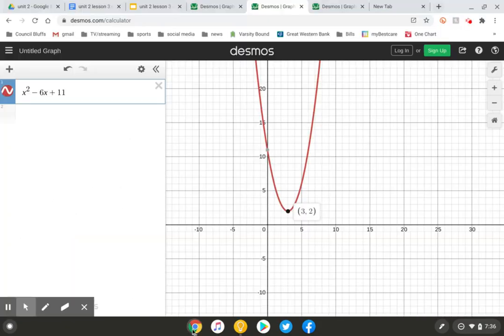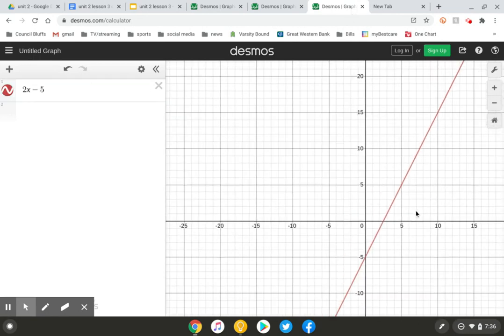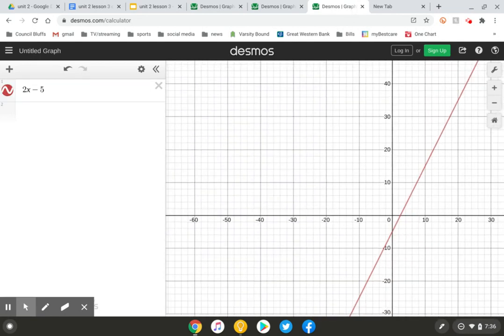Okay, number 3 is interesting because number 3 is linear. If I keep zooming out, it's just a straight line. So if we think about it, is it possible for a straight line to have a maximum or minimum point?